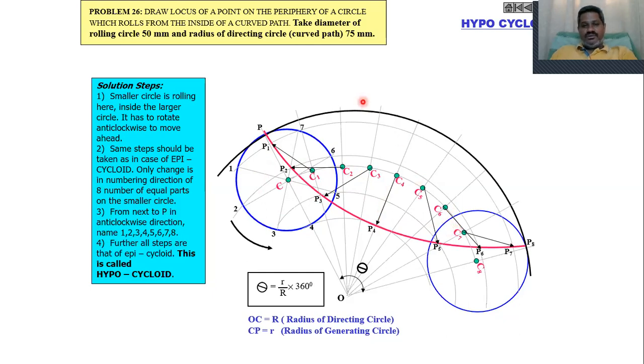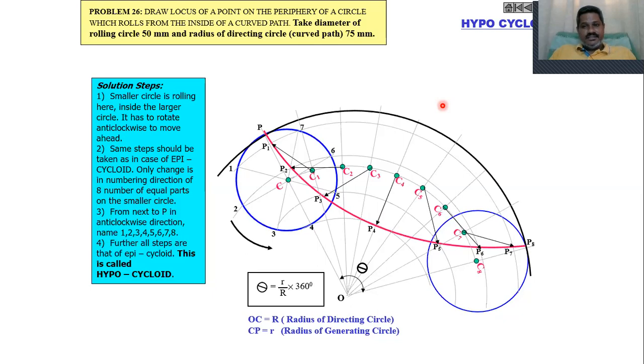As of now, I have shown you how to draw the epicycloid and hypocycloid. The procedure is the same, except that in the case of epicycloid, the generating circle is going to roll on a circular path above the directing circle. In the case of hypocycloid, the generating circle is going to roll under the directing circle.